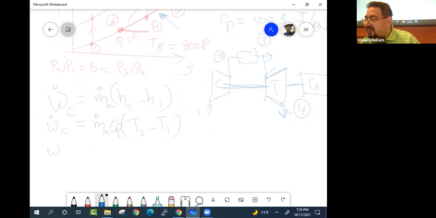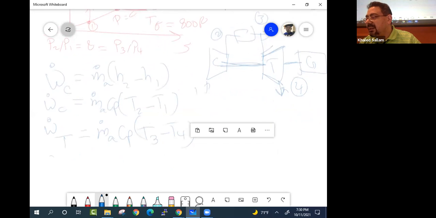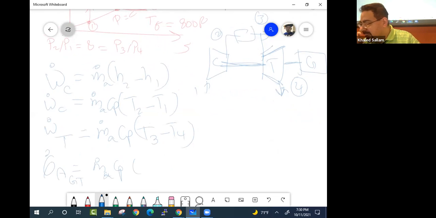Work turbine is m dot air Cp T3 minus T4. Q added for the Brayton cycle, or the gas turbine, is m dot air Cp times what? Help. Someone help me.